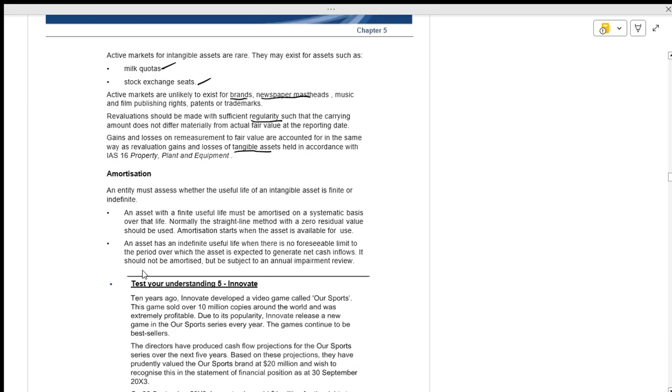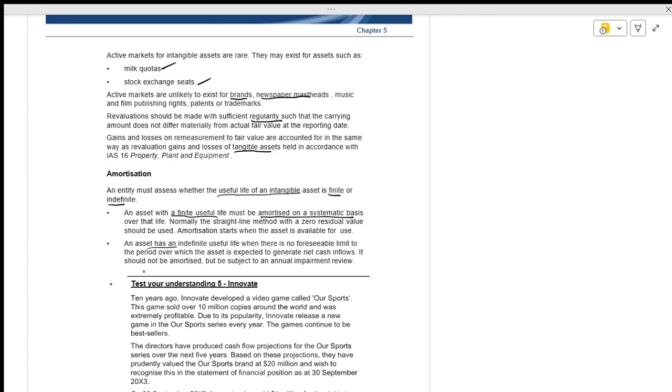With respect to amortization, finite life: you must assess whether the useful life of the intangible asset is finite or indefinite. An asset with a finite useful life must be amortized on a systematic basis.